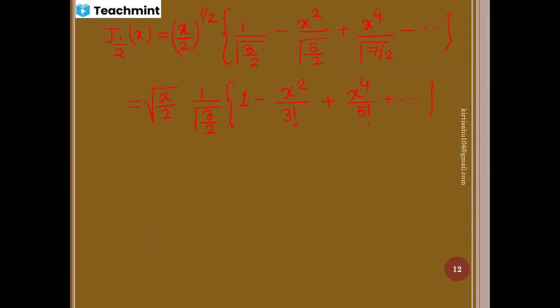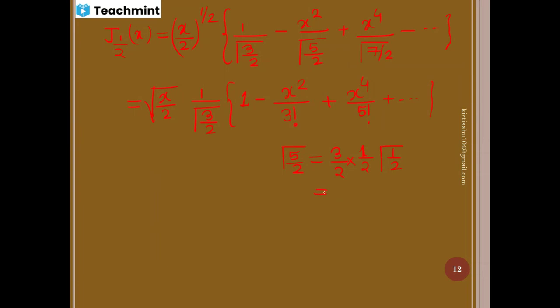So let's see how this comes out to be 3 factorial. We have gamma of 5 by 2. So what is gamma of 5 by 2? According to the formula of gamma function, it is 3 by 2, 1 by 2, gamma of 1 by 2. Just decrease the numerator by 2, go on decreasing till you get 1 and divide each term by 2, and once you get 1 by 2, multiply by gamma of 1 by 2.